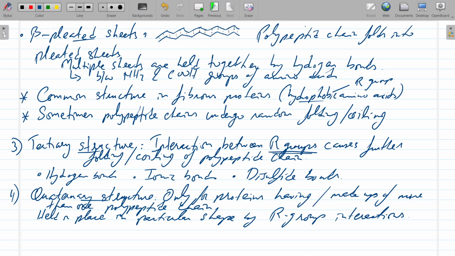An example of this is hemoglobin. So we are familiar with hemoglobin. It is the protein that is in the red blood cells to which oxygen binds, and this guy is made up of 4 polypeptide chains.